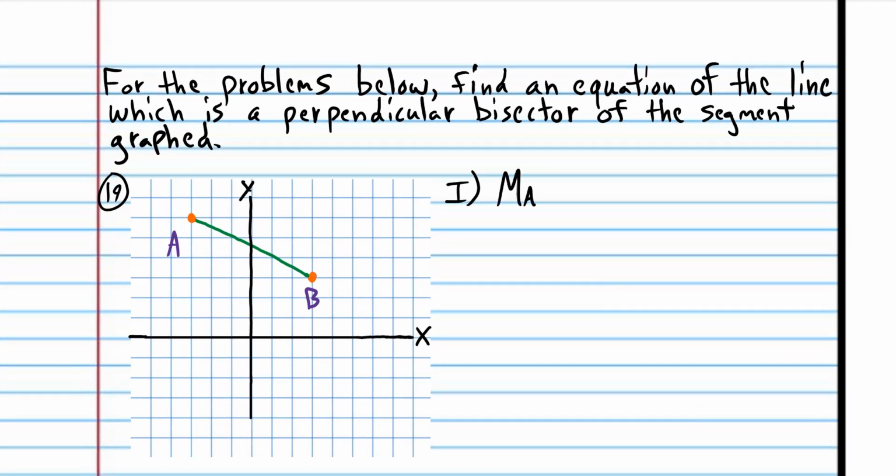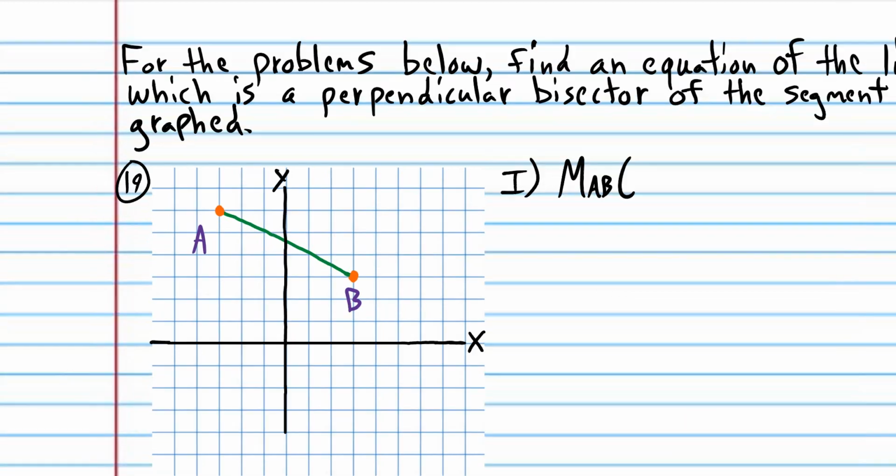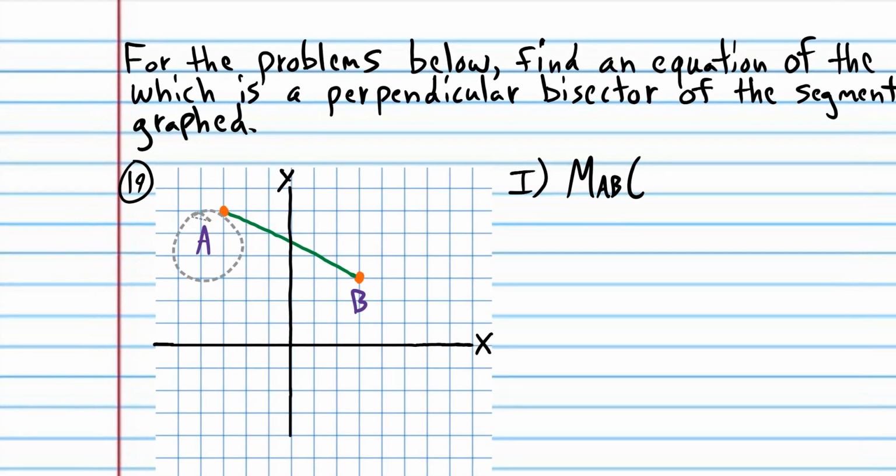So the midpoint of AB, and we have to write the coordinates in first. There's no coordinates here. So A would be negative 3, 6, and B is 3, 3.